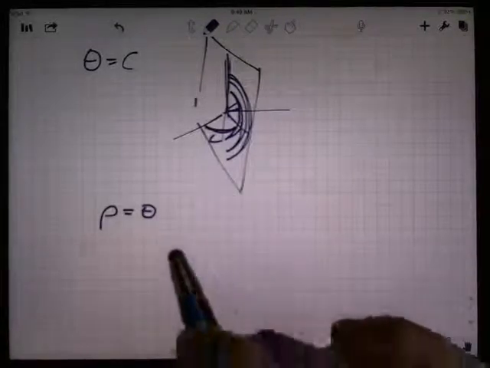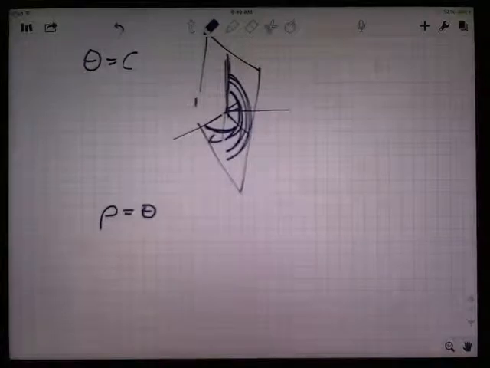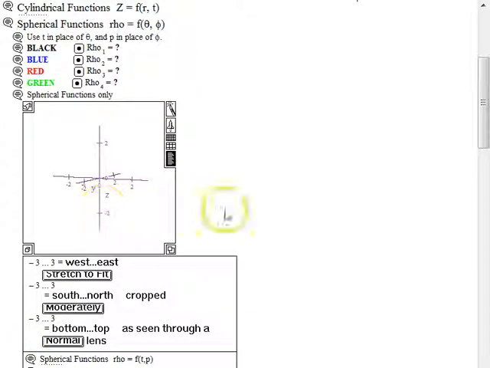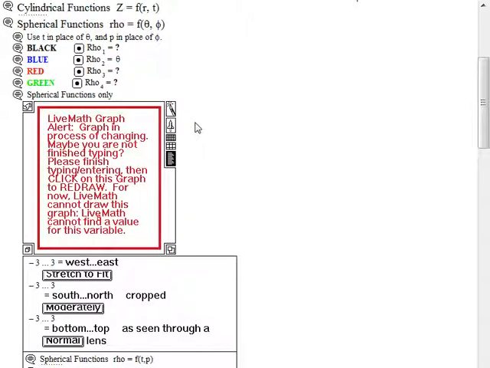Wow, what does that look like? So here's my online graphing calculator, the 3D version. And I want to look at rho equals theta. In LiveMath, if you type a single quote and then a letter, it gives you a similar Greek letter.